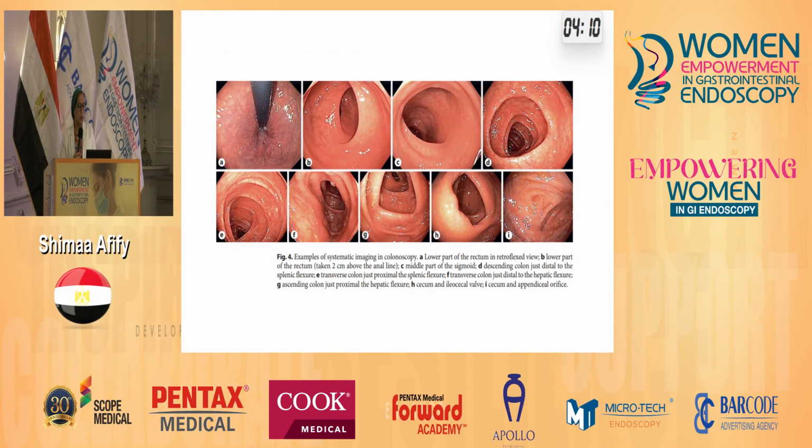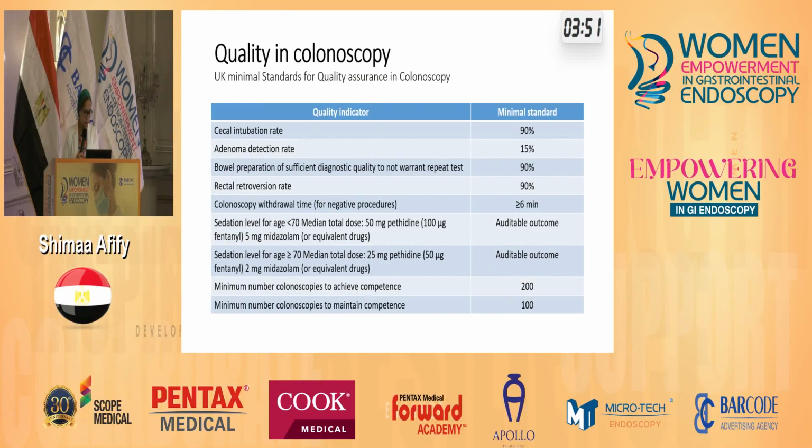Picture number 1 is in the retroflexion position in the rectum, in the inner rectal area, and then the rectum, the sigmoid, the descending, the transverse and the ascending colon, and then reaching the cecum and the appendiceal orifice.